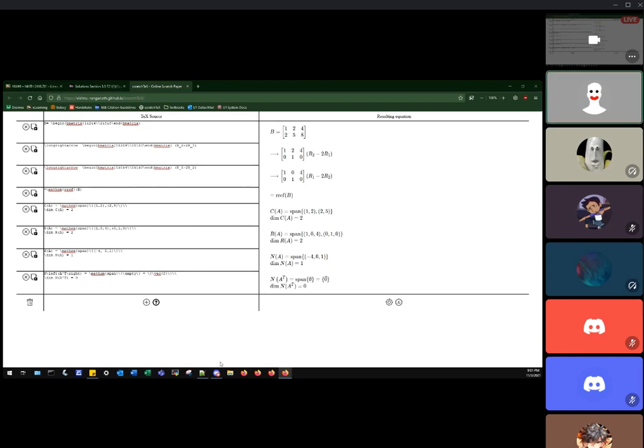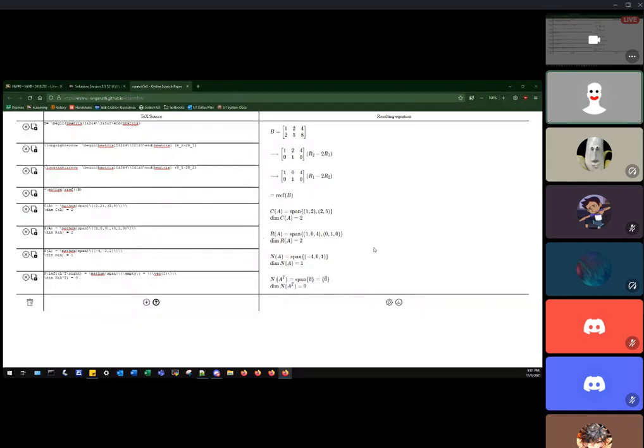Yeah, and for left null space, the number of pivot rows plus the number of free rows equals the number of total rows.